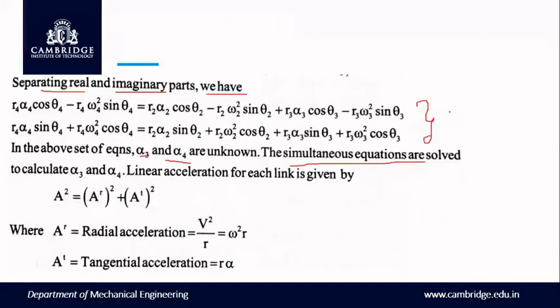Here we have two equations and two unknowns, so we can easily find the unknowns. Then we can find the radial acceleration and tangential acceleration using these two formulas, which are taught in the graphical method of analyzing velocity and acceleration.